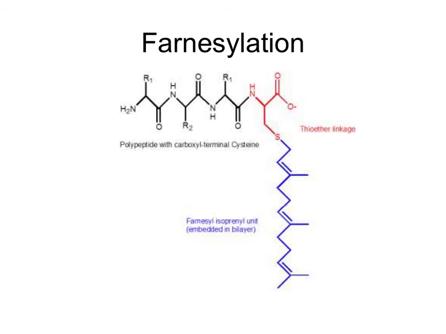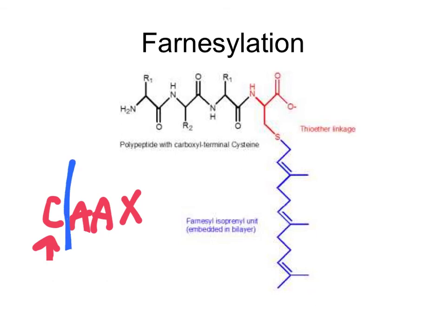The cysteine is part of a carboxy terminal recognition sequence that's comprised of cysteine, alanine, and X, and so it gets attached to this cysteine, but then after it's attached, there's proteolytic processing that cleaves it, and so then you have this C-terminal cysteine shown here.